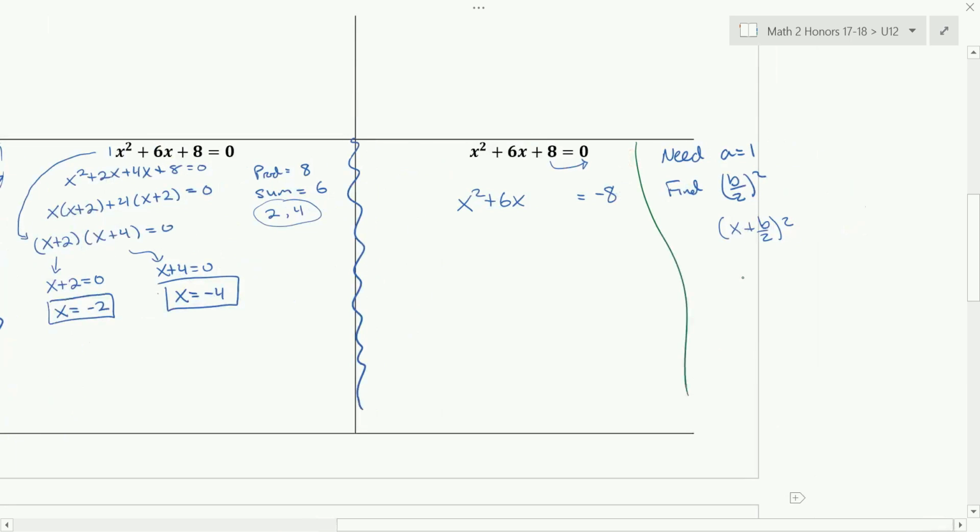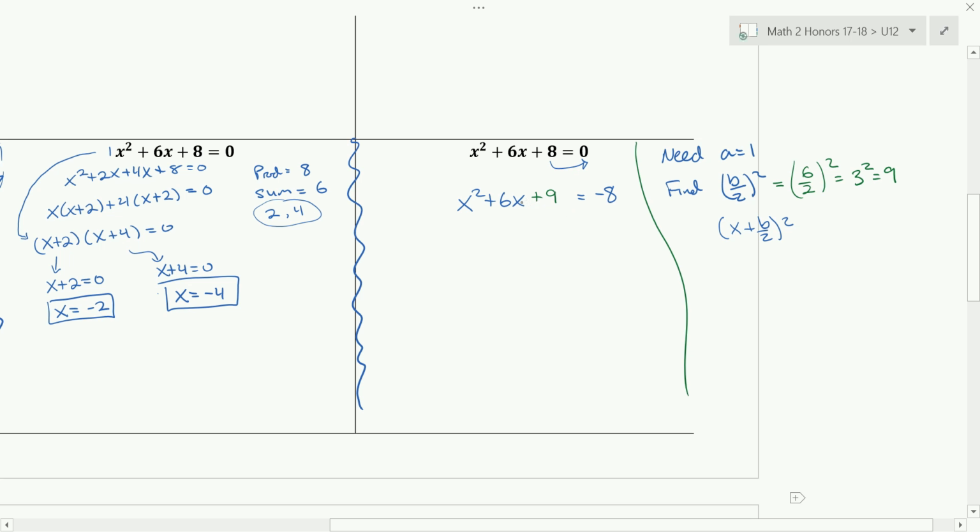And then we're going to find b over 2 squared. So b over 2 squared is what? Which is 9, right? So I need a 9 here to make a perfect square. But because I added a 9 there and the 9 wasn't there, I need to keep my equation balanced. So I have two options.